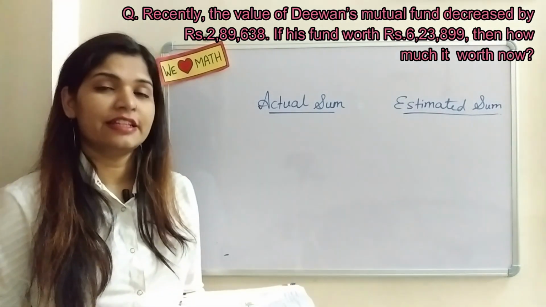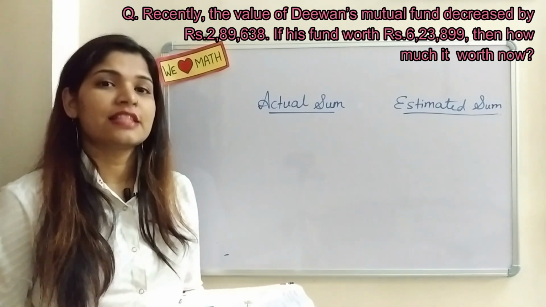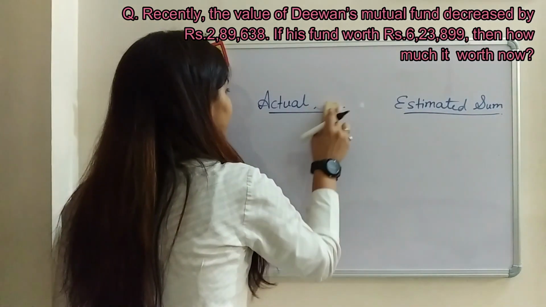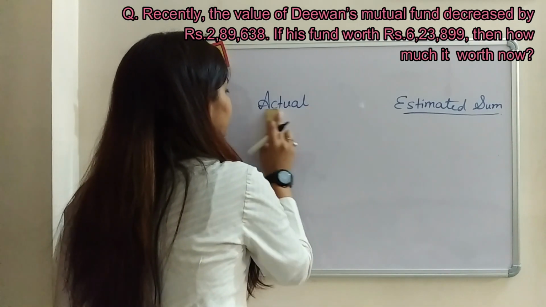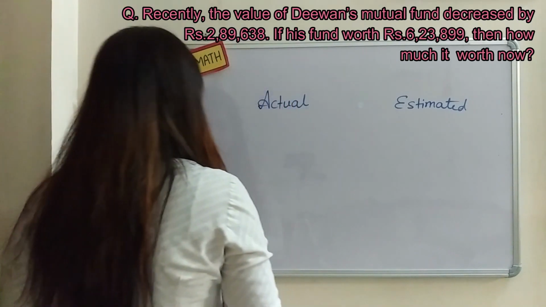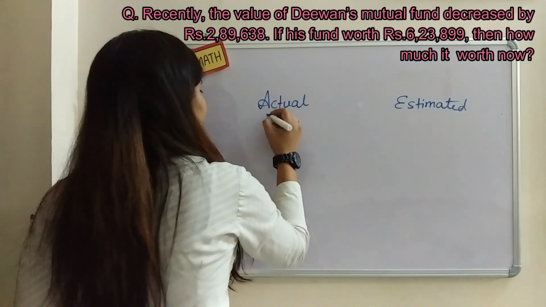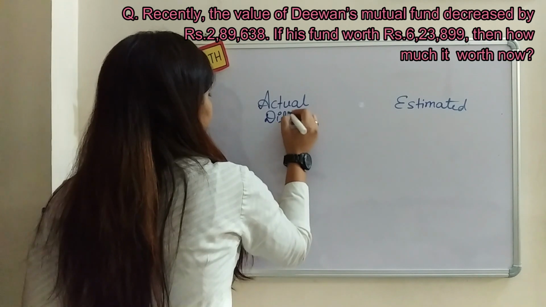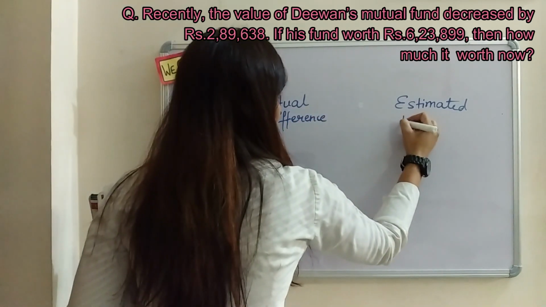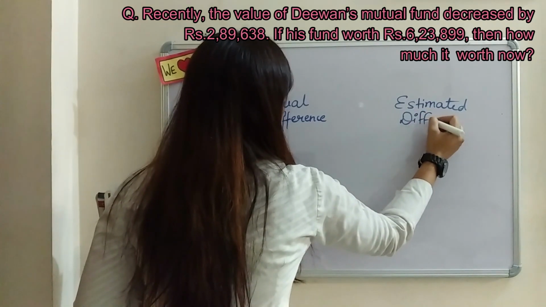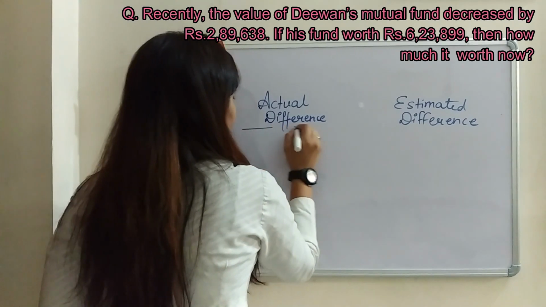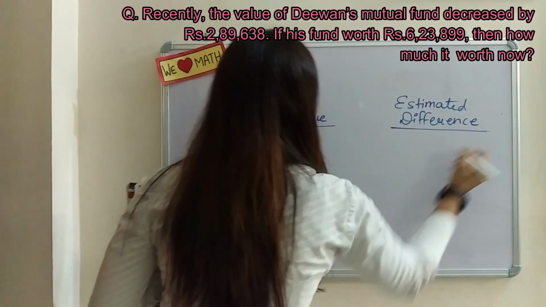We need to find the difference. Yes, subtraction. So for that we need to write down here actual difference and estimated difference, not sum. We call the answer of subtraction the difference.